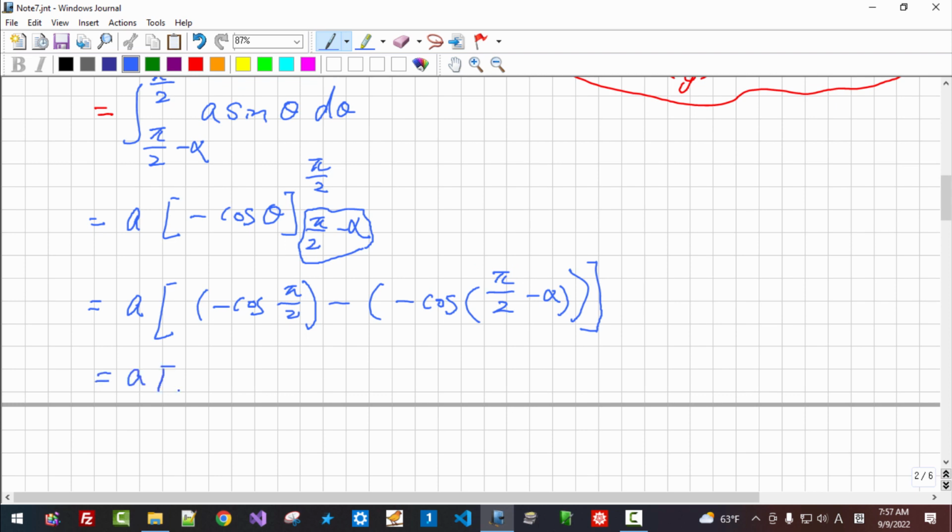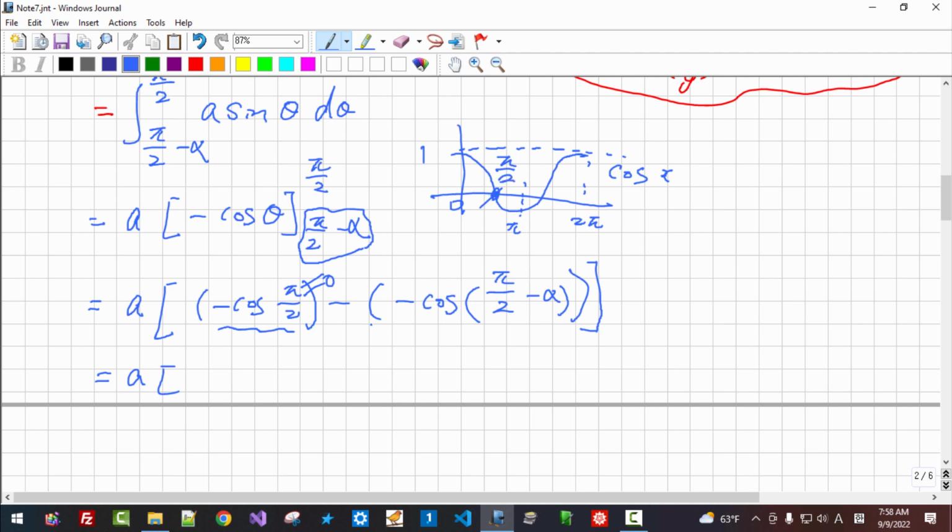Then a, this is 0 because of the graph. We have to memorize this graph of cosine x. This is pi over 2, 0.